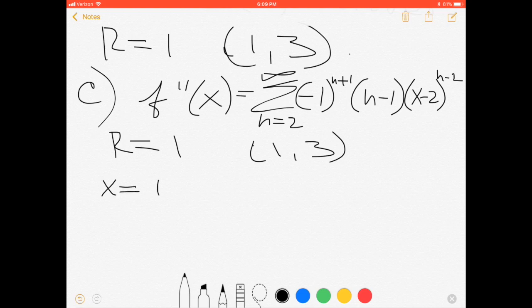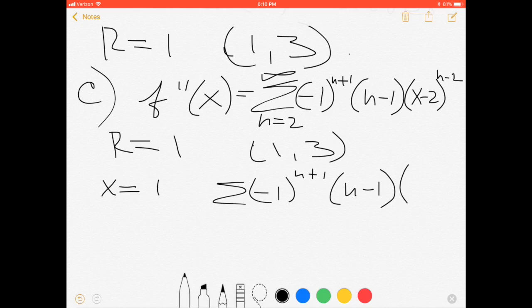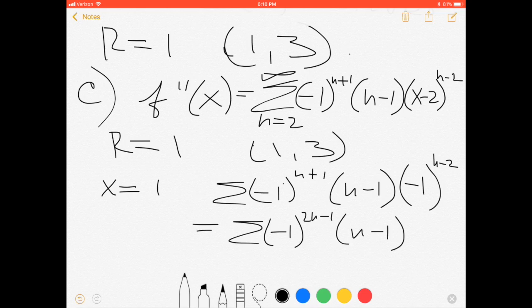Now let's go, x equal 1. You have the series negative 1 to the power n plus 1 times n times (n minus 1), and here you have negative 1 to the power n minus 2. Okay, alternating, I'm not sure about alternating. Okay, negative 1 to the power 2n minus 1 times n times (n minus 1), from 2 to infinity.